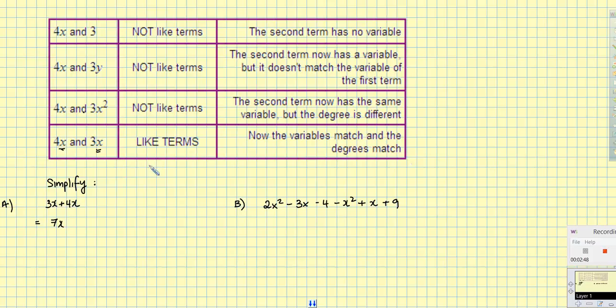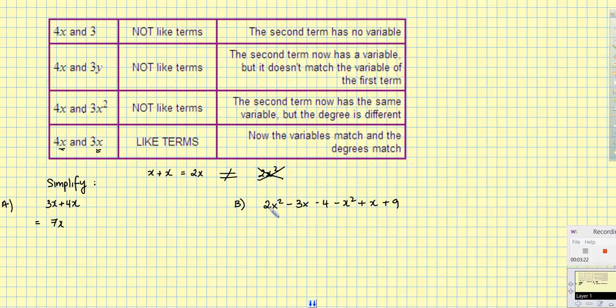So if I have x plus x, that goes to 1x plus 1x, which is 2x. It does not equal 2x squared. Absolutely not. The answer is just 2x.